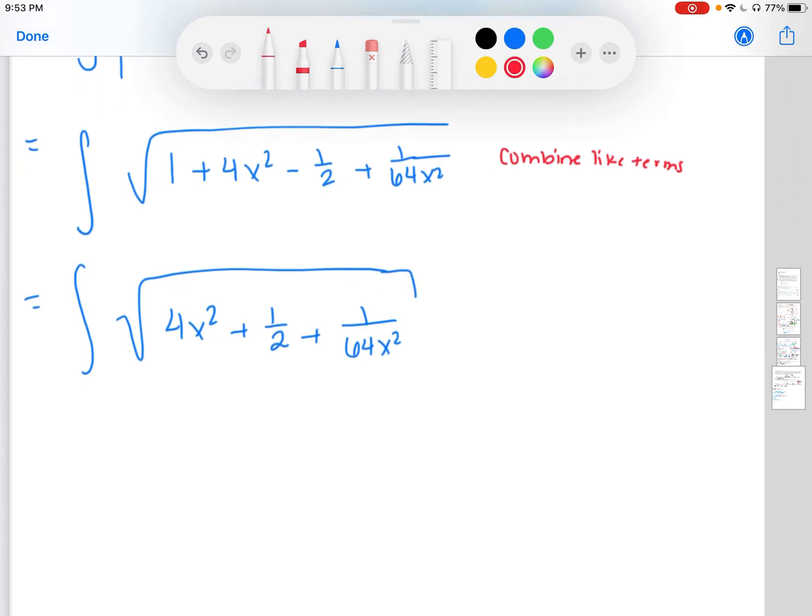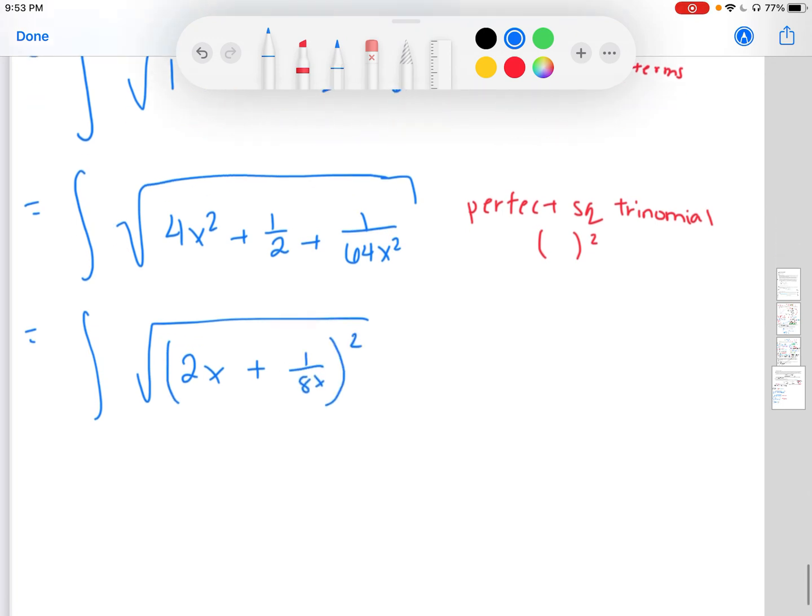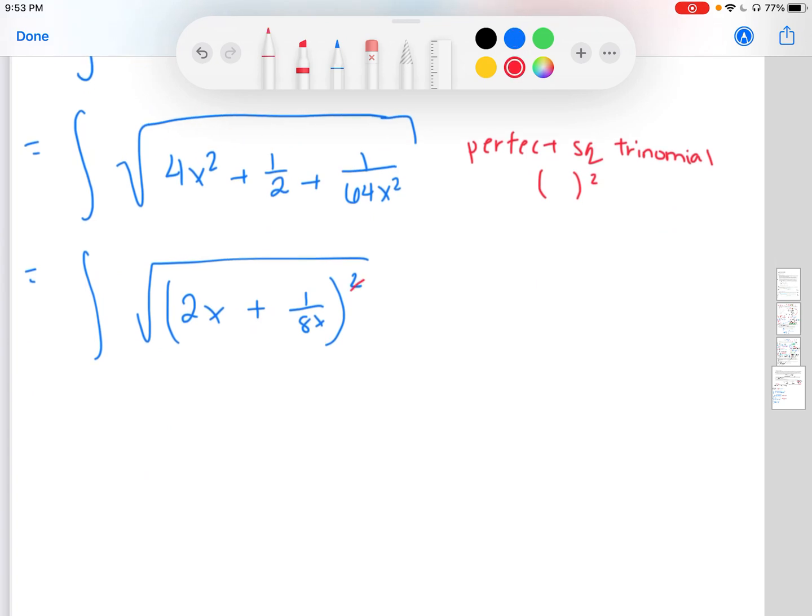Our trinomial is actually a perfect square trinomial, so we can write it as a quantity squared. This factors to be 2x plus 1 over 8x, squared. Lucky for us, isn't it? So therefore, our square and our radical are inverses, and we're left with our integral of just 2x plus 1 over 8x dx.